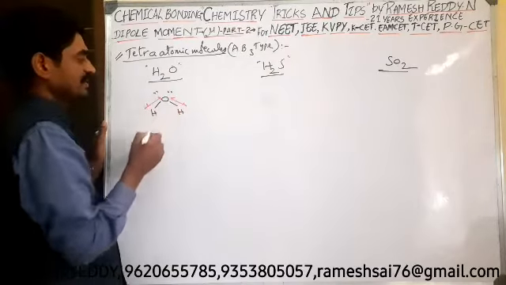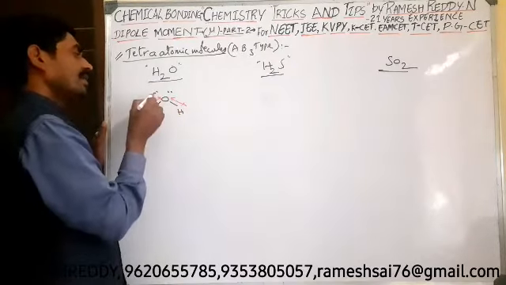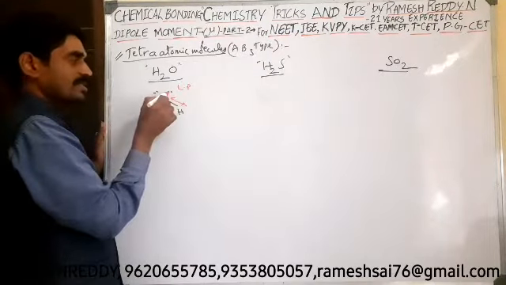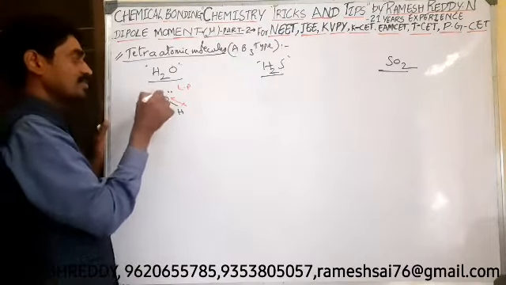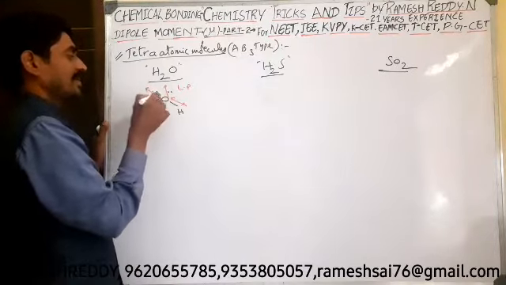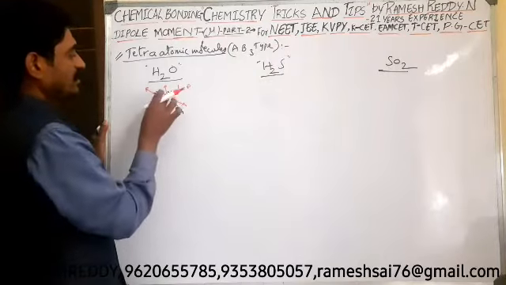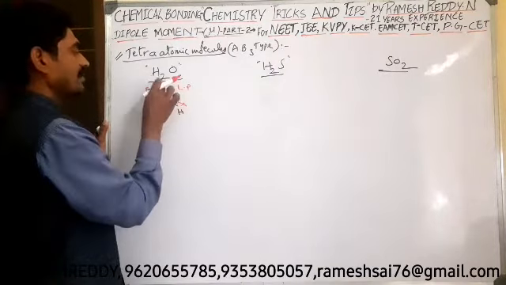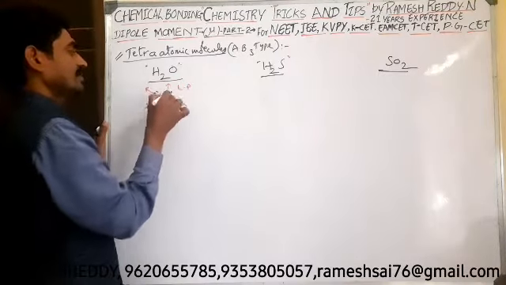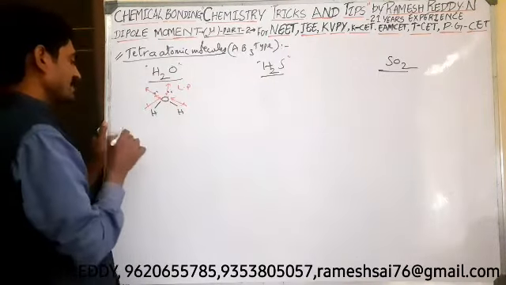And here lone pairs of electrons are there. The charge on these lone pairs of electrons is more than on the oxygen, so the dipole moment is towards the lone pairs of electrons. See, all four are in the same direction. So this is the resultant dipole moment.